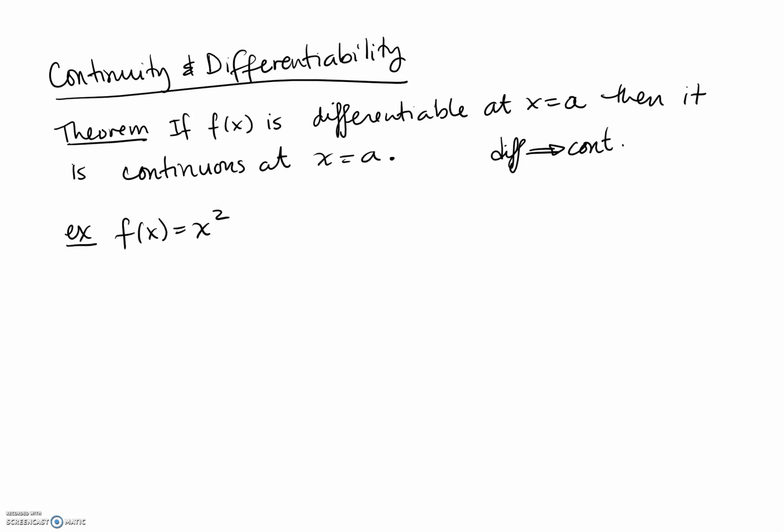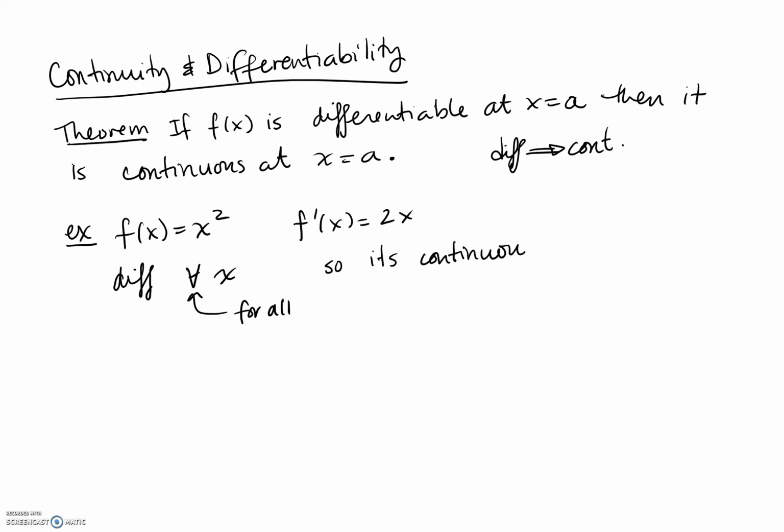We showed earlier that the derivative for this is 2x. We used the definition, so it's differentiable for all x. This, by the way, means for all. It's differentiable for all x, so it's continuous for all x as well. In other words, if you can show differentiability, continuity is automatically implied.